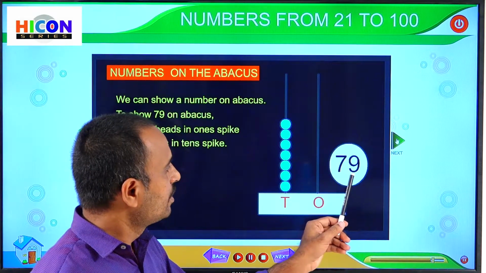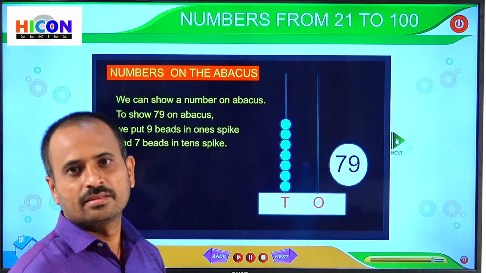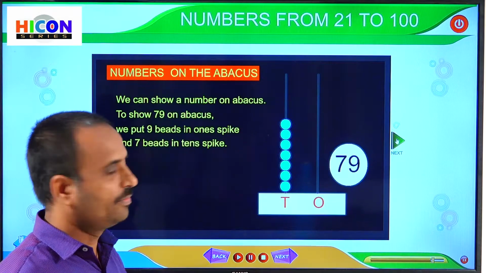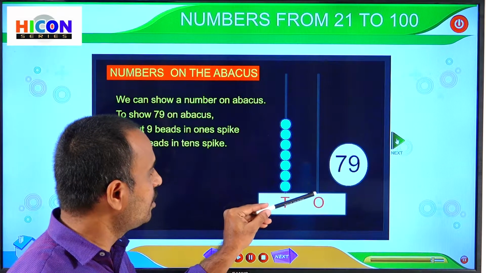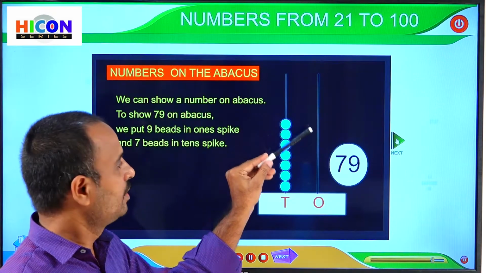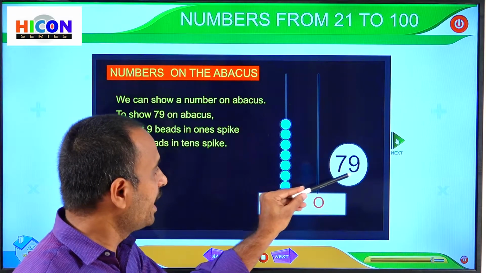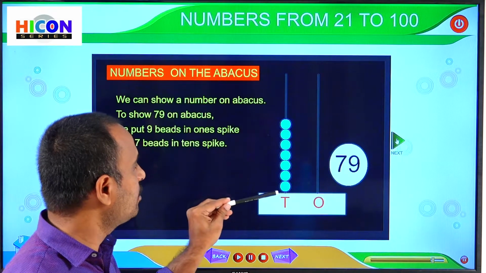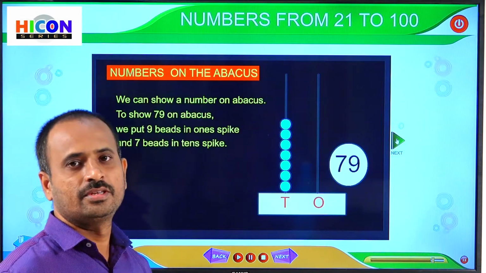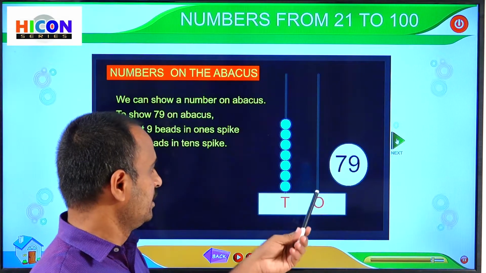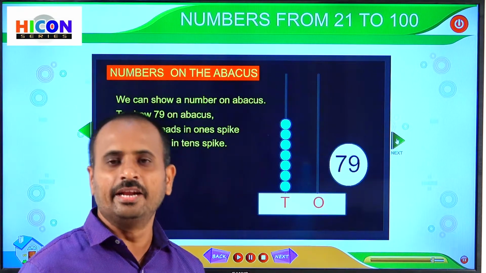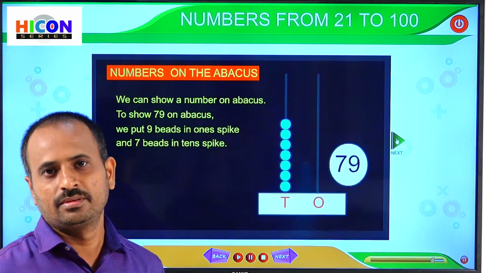There will be 9 in the ones place, so we have to keep 9 beads on the ones spike and 7 beads on the tens spike. In this way, by using these spikes and beads, we can represent any number on the abacus.